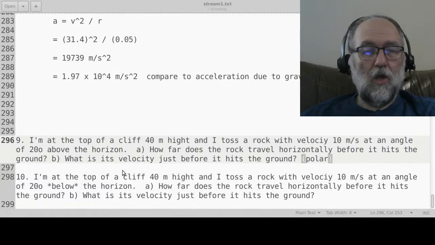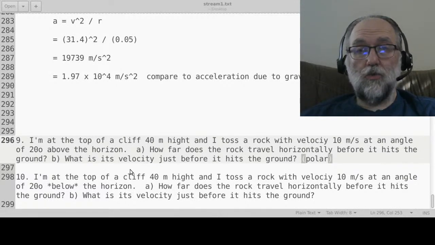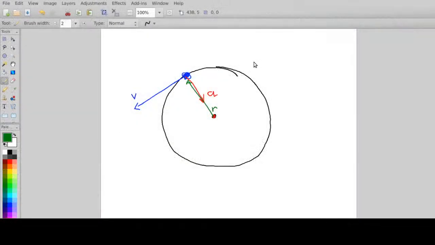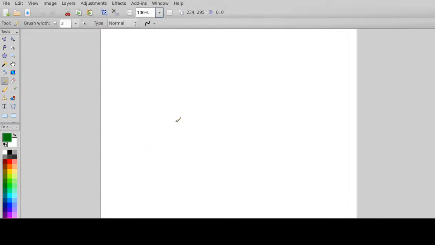Okay, let's start off. So the first thing, like always, is to draw a picture. Let's go to our whiteboard here and start with a clean board. And let's draw a picture. Okay, and I'm at the top of a cliff 40 meters high.